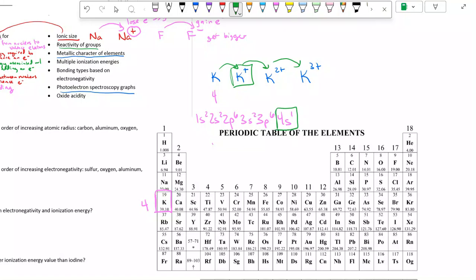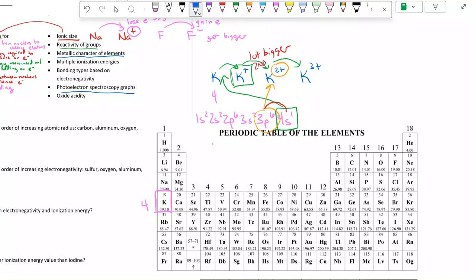It's going to get rid of that level 4. Okay, when you take away the second electron to become K2 plus, you're going to take it away from this 3p. And now you're taking it away from different levels, because you're taking away from 4 in the first one and 3 in the second one. So this would be a lot bigger. Okay, you're going to see that second ionization energy here be a lot bigger.